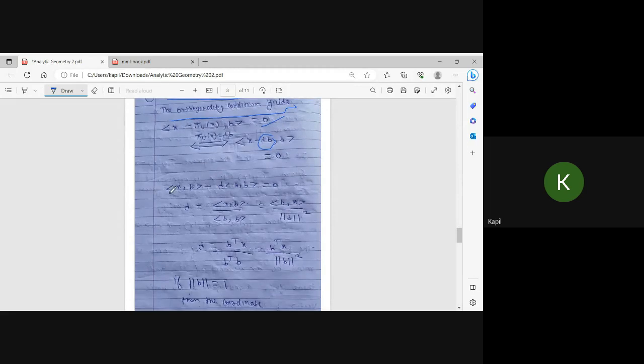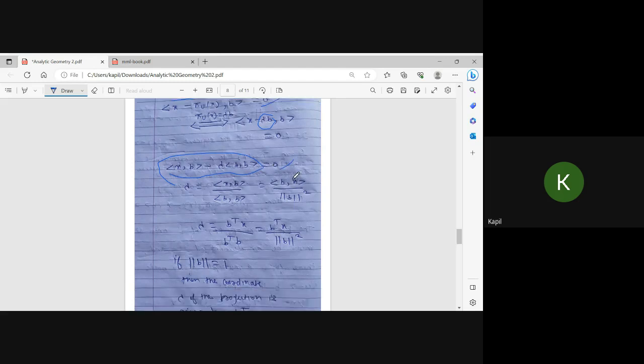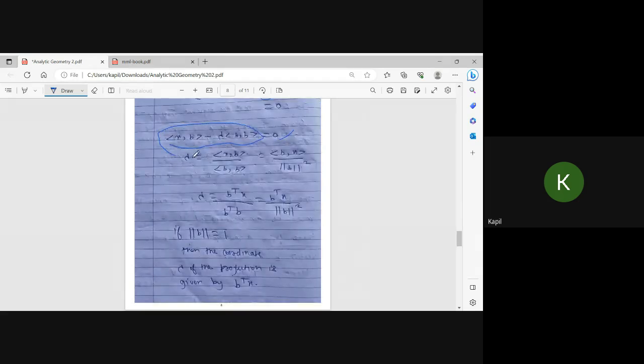Now, using the properties of the inner product, we can expand the inner product as: the inner product of x and b minus lambda times the inner product of b and b, that comes out to be 0. After solving, we can find lambda as the inner product of x and b upon the inner product of b and b.